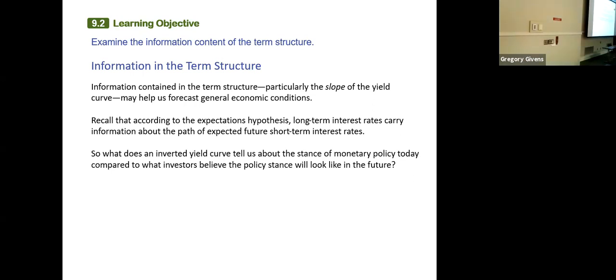If you observed a downward sloping or inverted yield curve, according to our understanding of this model, this suggests that investors are anticipating lower short-term interest rates in the future, right? Well, what does that tell you then about the likely stance of monetary policy moving forward?